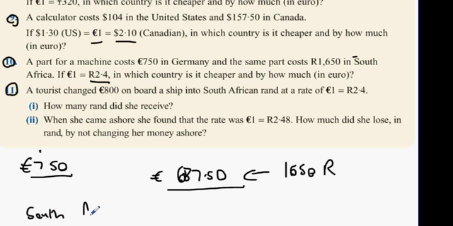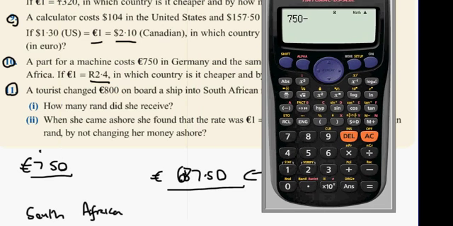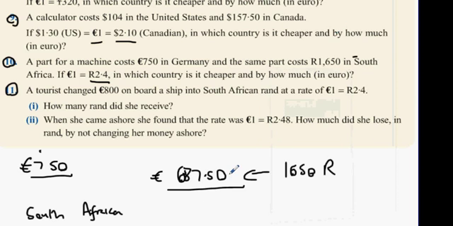How much is it cheaper by? 750 take away 687.5, and you're right, €62.50. Cheaper by €62.50. Okie dokes.